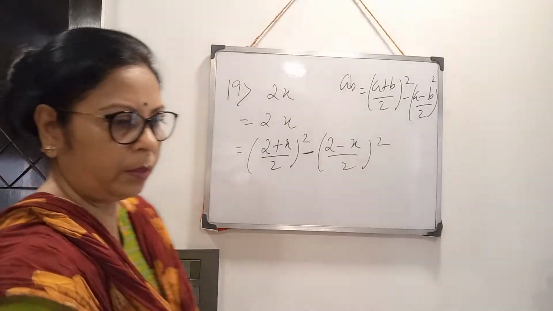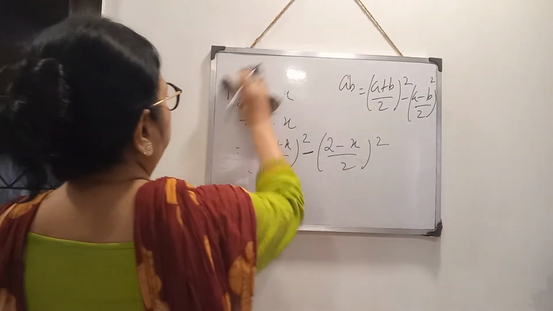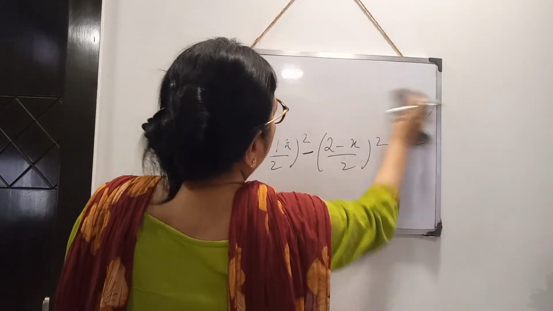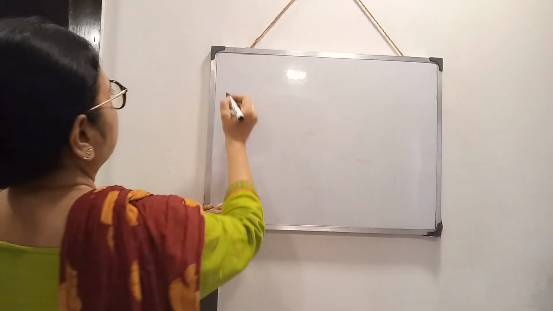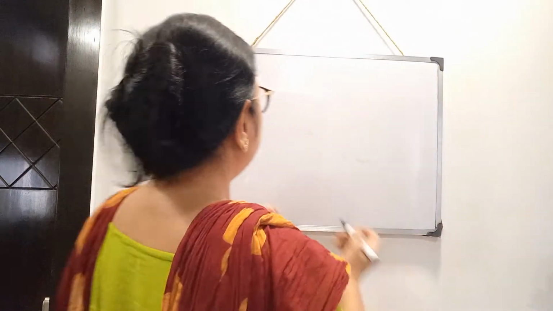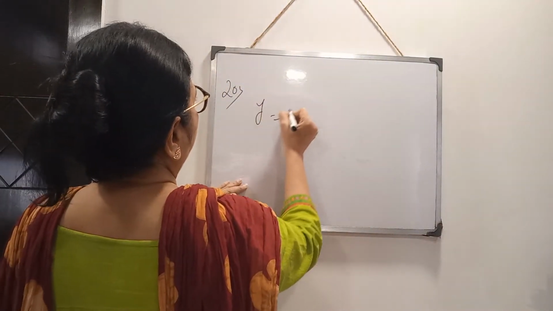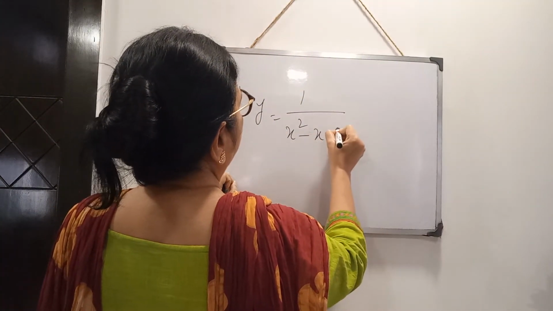Clear? Next, it is given y equals 1 by x square minus x minus 20.